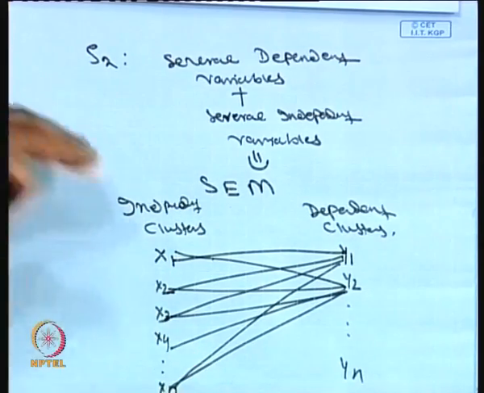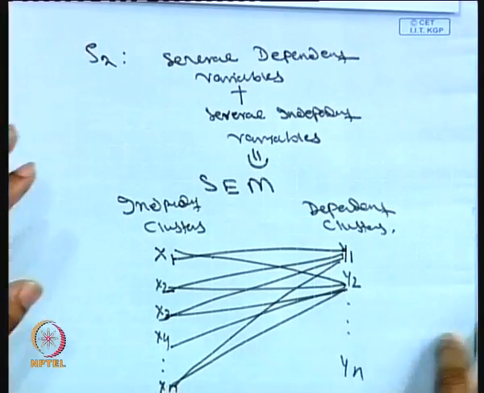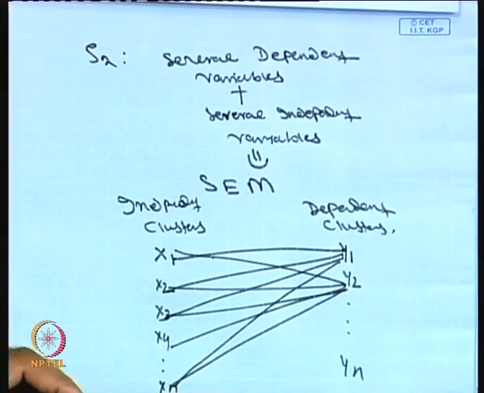This framework is called simple multivariate econometric modeling.